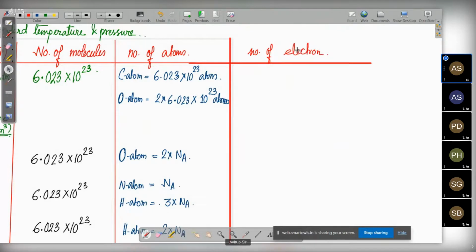So now you tell me, how many electrons are present in one atom of carbon?